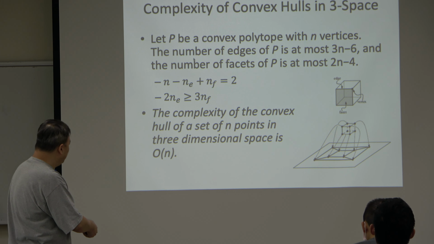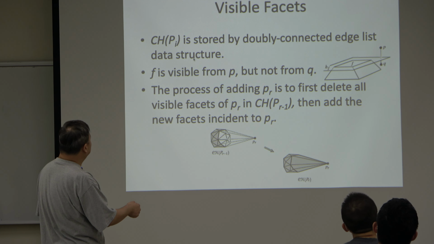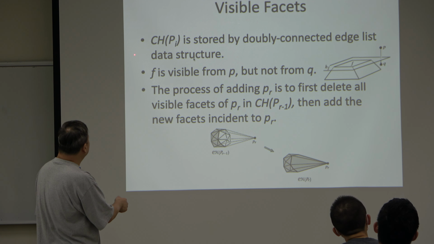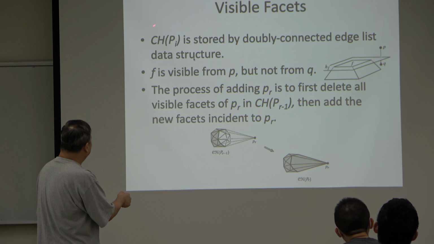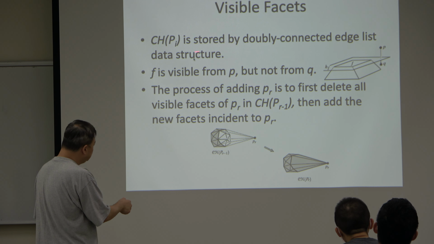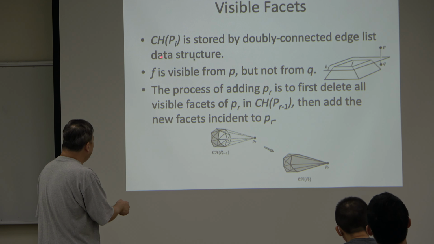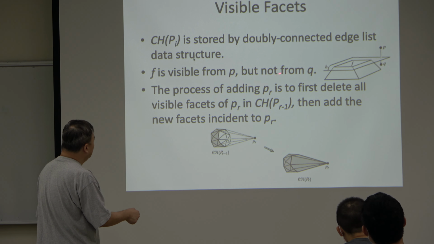We really use the doubly connected edge list data structure to store the polytope. And we say F is visible from P.